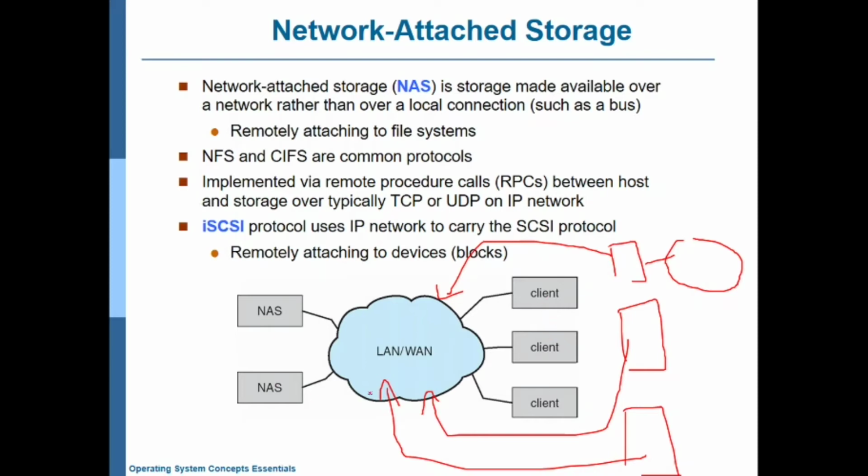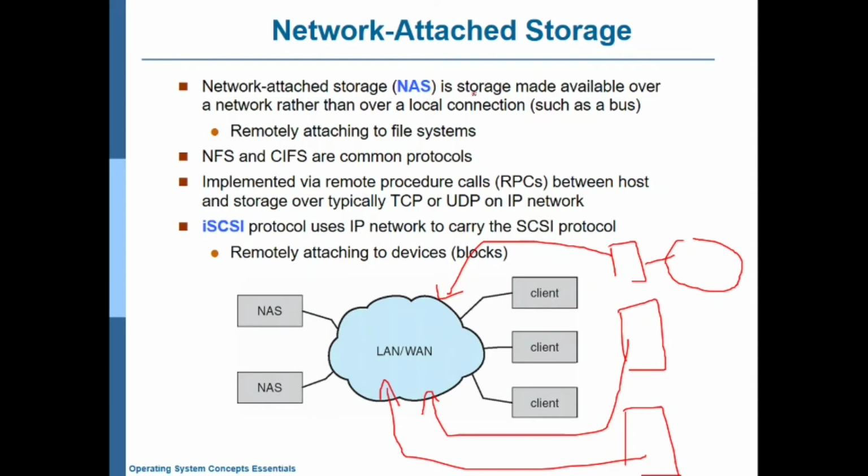For example, if this client requires some data that is stored in the second computer, it cannot communicate directly. It has to take permission from the network attached storage server, and only then can it access it. Otherwise, if separate storage is required for each system, the cost will be more.